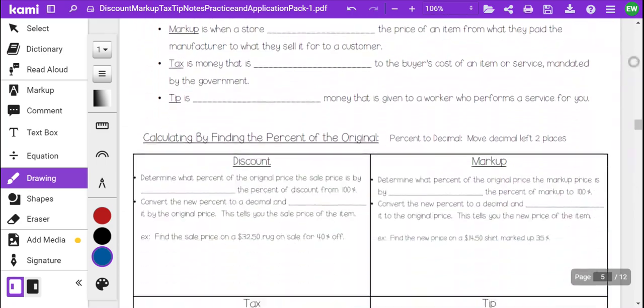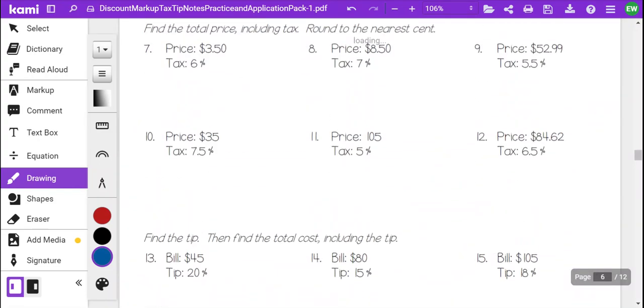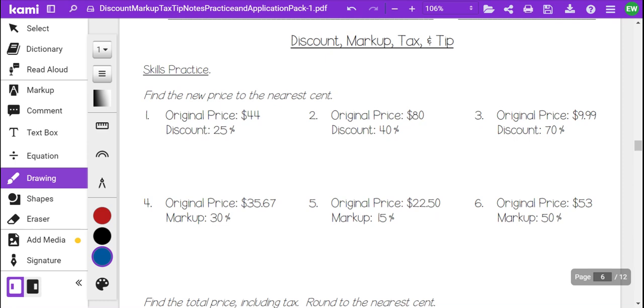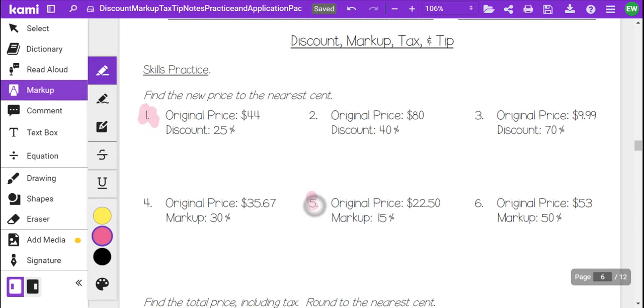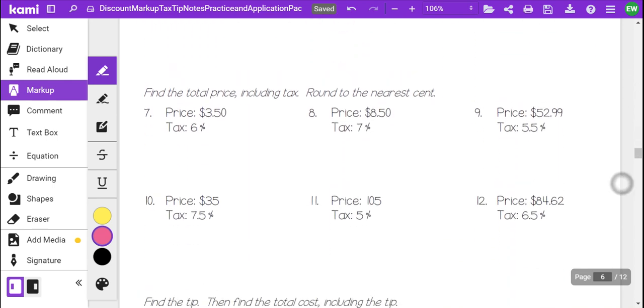I'm just going to give you your follow-up work, which is right on the next page. It looks like this. So I want you to do number 1 and 5. That's it for the skills practice here. For the total price with tax, go ahead and do 7 and 12.